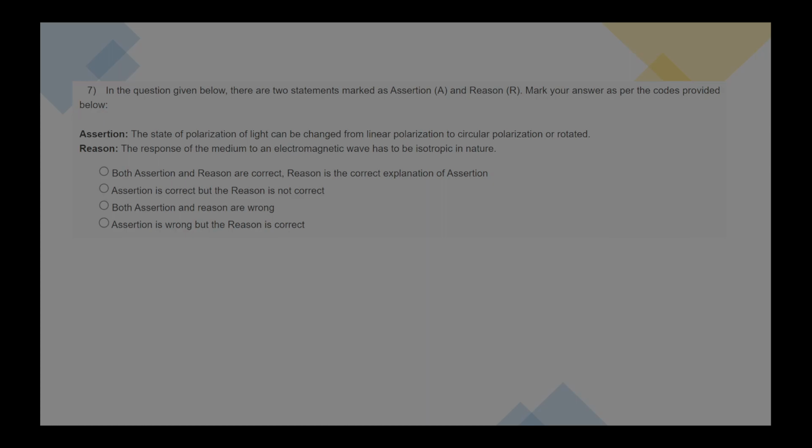The first one is both assertion and reason are correct, and the reason is the correct explanation of the assertion. The second option is assertion is correct but the reason is not correct. The third one is both assertion and reason are wrong. The fourth one is assertion is wrong and the reason is correct. So what do you think about this one?